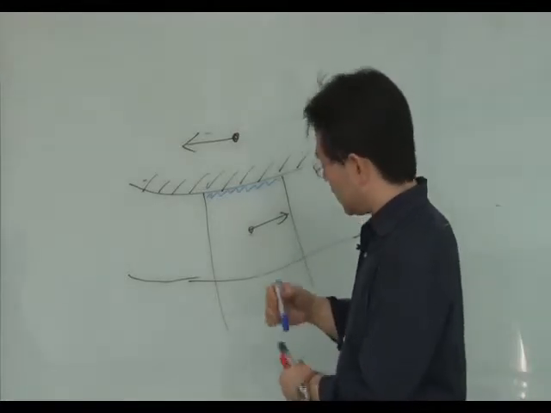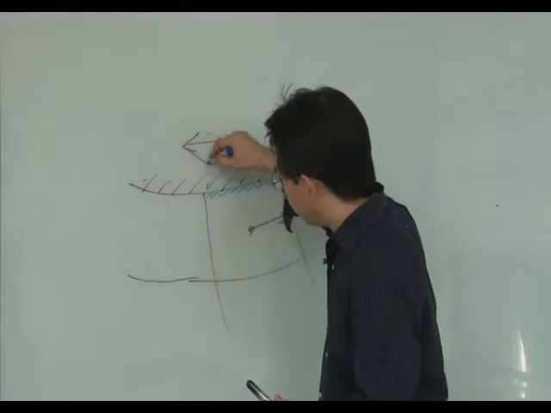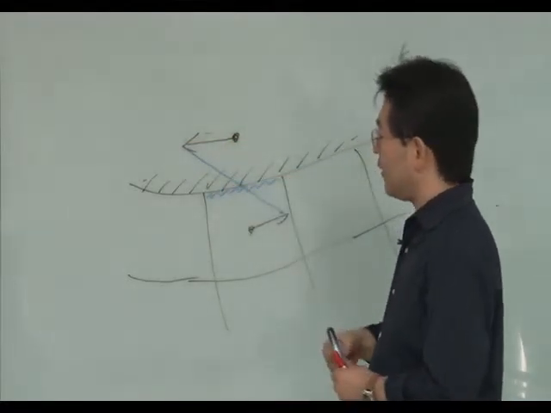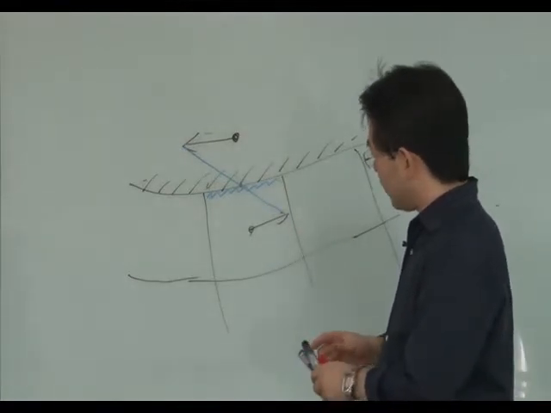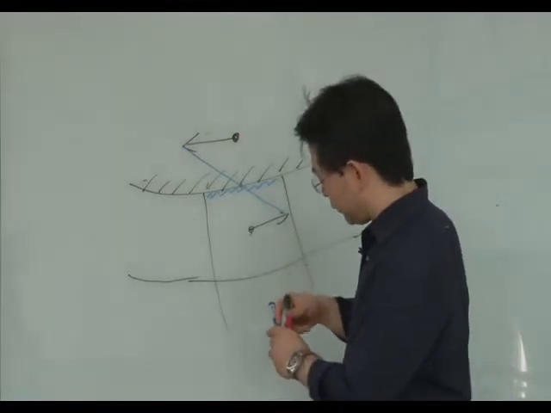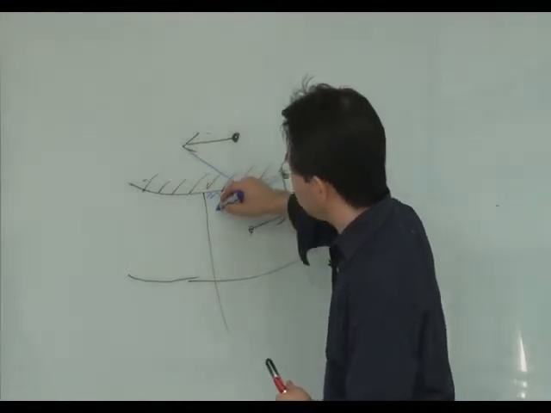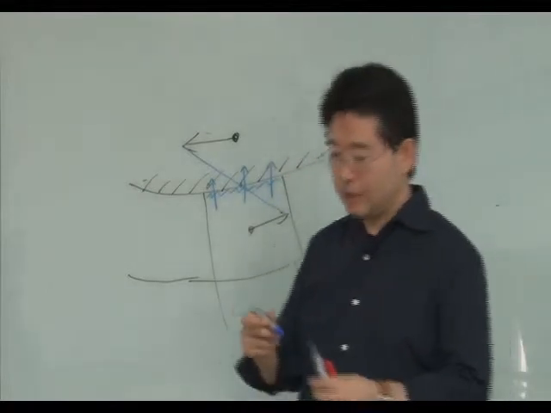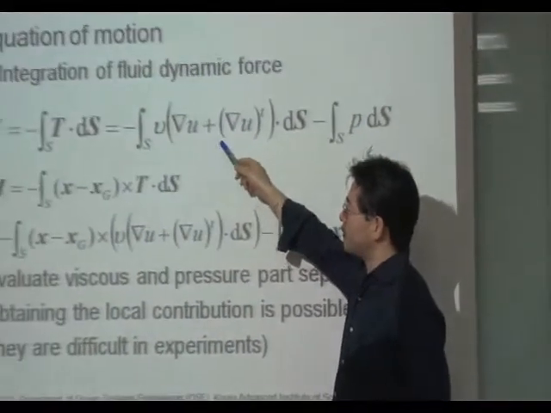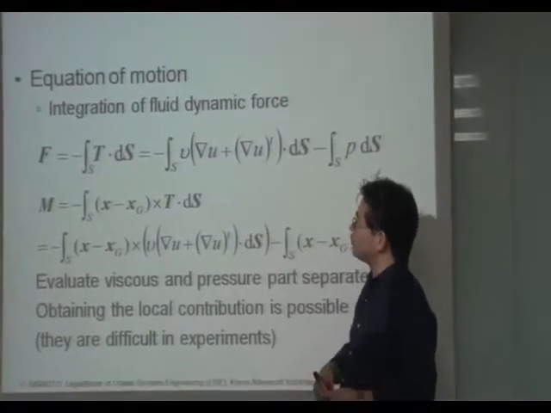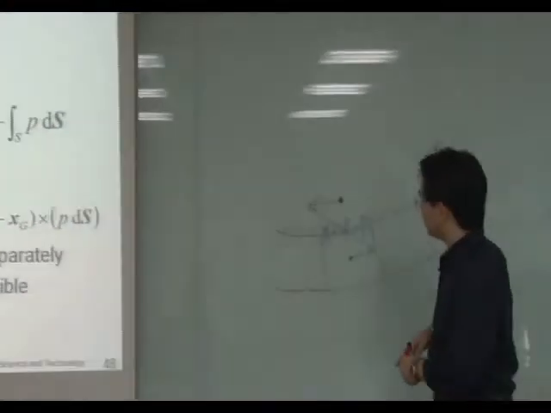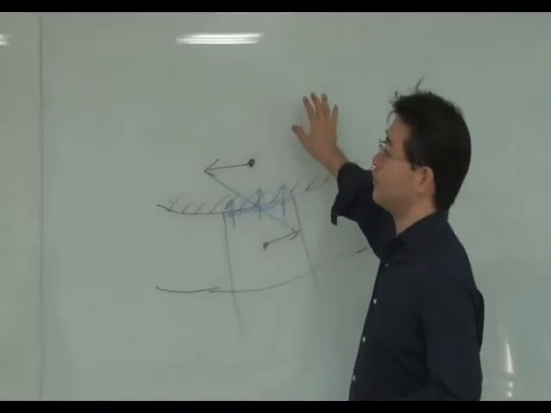So you will calculate the velocity gradient on this surface, and momentum flux will flow into the hull surface. And in this calculation, the total integration of viscous effect is the flux going into the body surface.